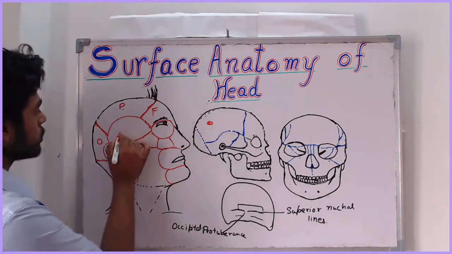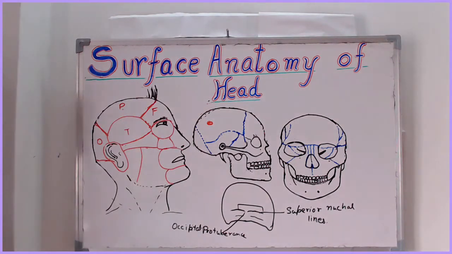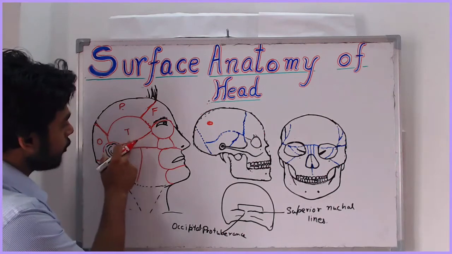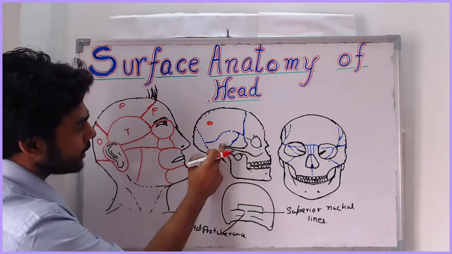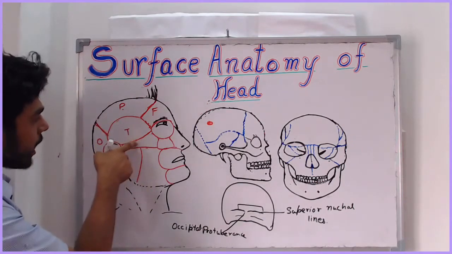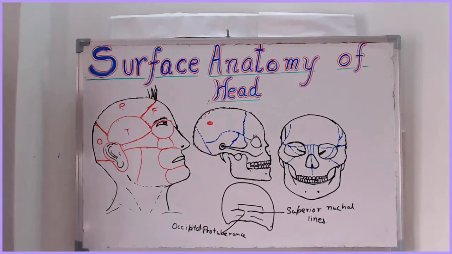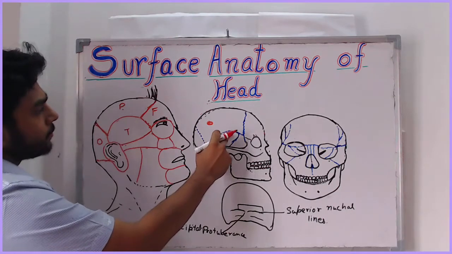This region is called the temporal region, and it is the area between the temporal line and the zygomatic arch. See, this is the zygomatic region and this is the zygomatic arch, and the area between this temporal line and the zygomatic arch is known as the temporal area. Now we will understand what the temporal line is. The temporal line is the skin over the suture of the temporal and the parietal bone, that is here.